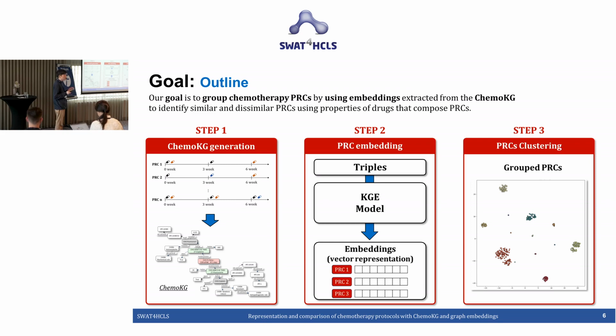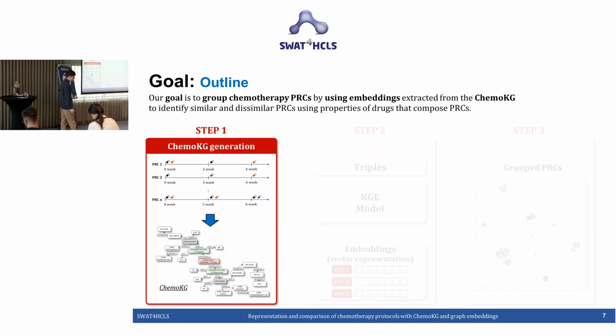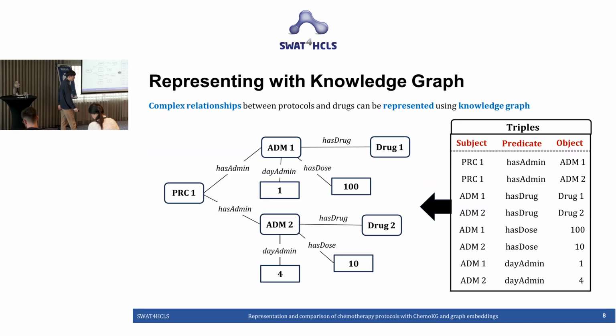Then step 2, we embed these protocols into the knowledge graph model to output the embeddings, which are represented in vector spaces. Then we group protocols using clustering methods to find any special groups in the protocols.